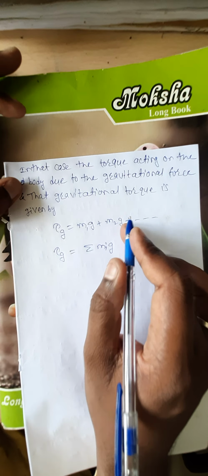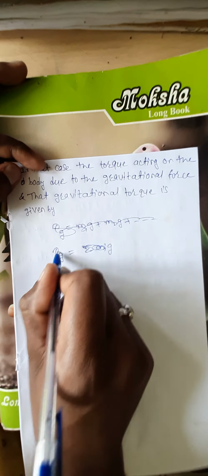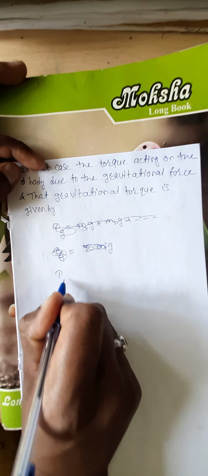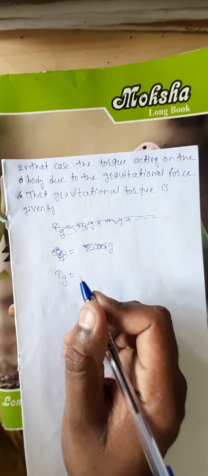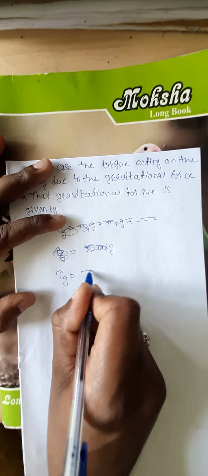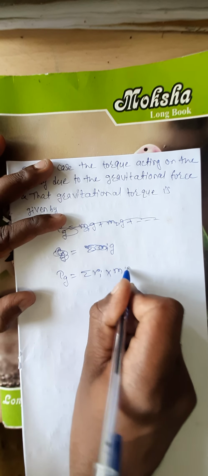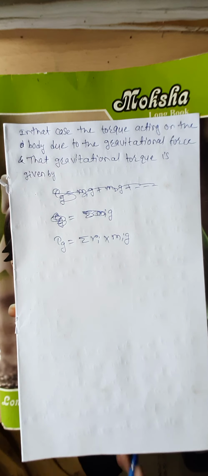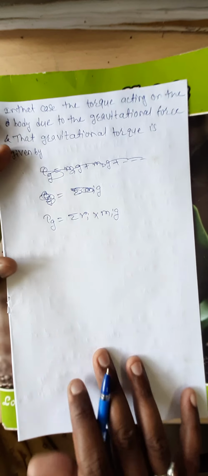In that case g is a constant. That gravitational torque tau g is equal to the summation of ri cross mi g.